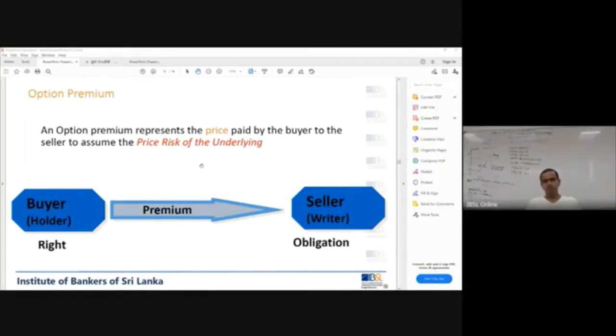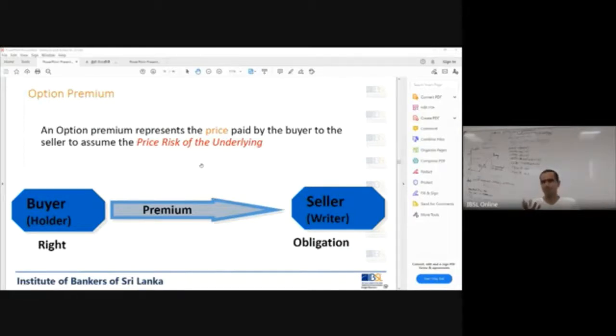The easiest way to understand is when you buy insurance, you have to pay a premium to the insurance company. The insurance company is selling the insurance to you. You are the buyer, the insurance company is the seller. An option premium represents the price paid by the buyer to the seller to assume the price risk of the underlying. So you have to pay the insurance company for the risk they are assuming. It's not the other way around. You have a right without an obligation.